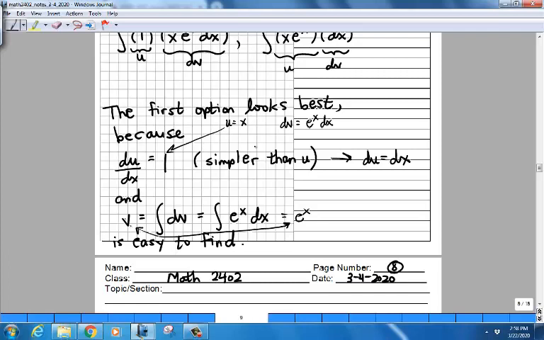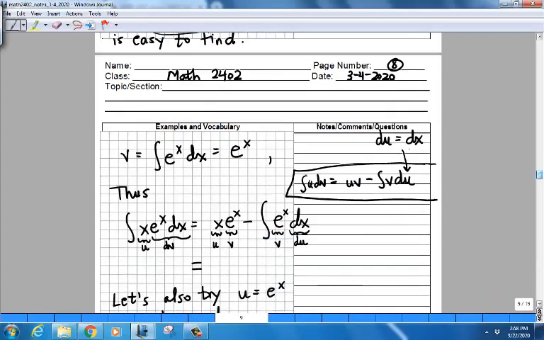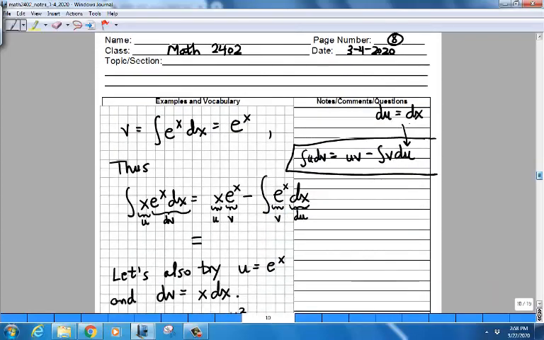All right, so let's use this choice in our integration by parts formula. So remember, here is the integration by parts formula.